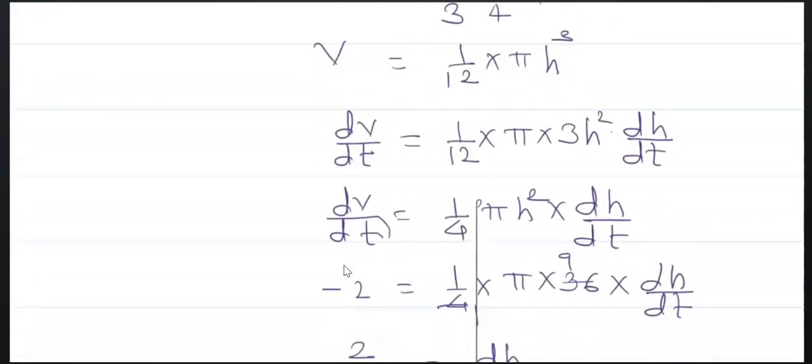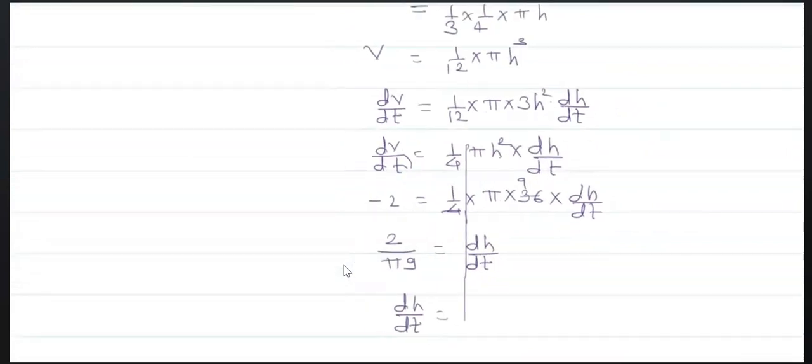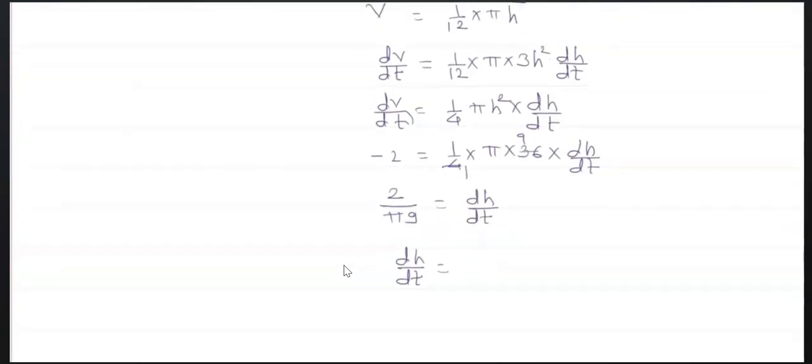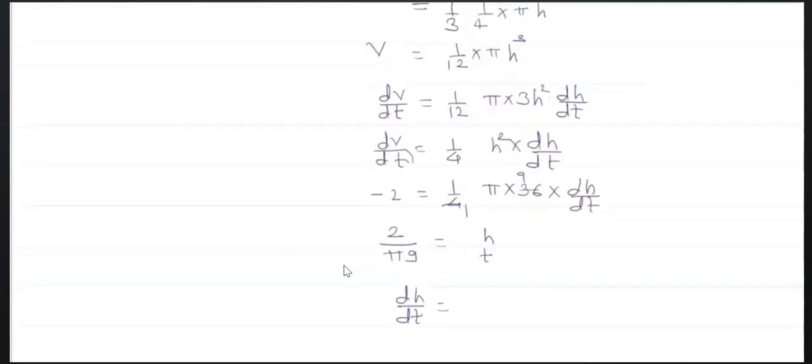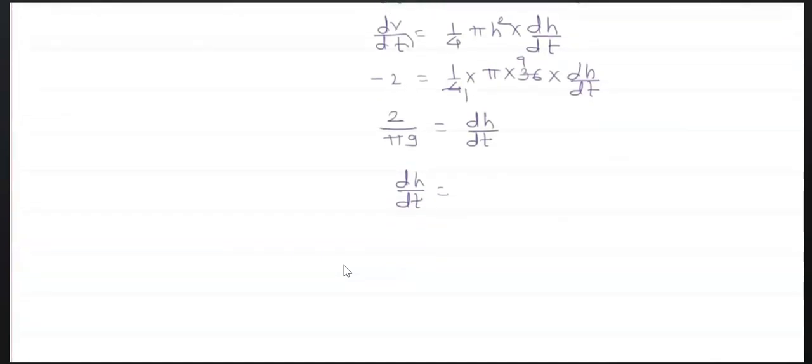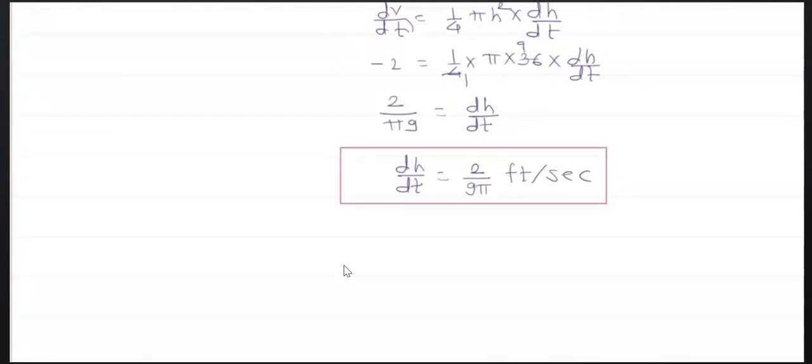Therefore, dh upon dt is equal to 2 upon 9 pi feet per second. At this rate, it is decreasing. That's why there is a minus sign, but we write the answer as positive.